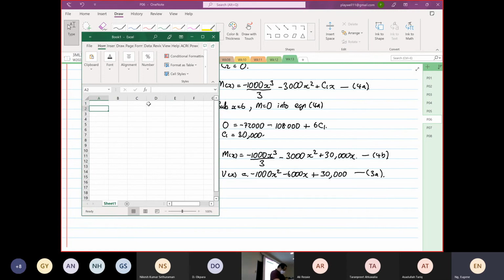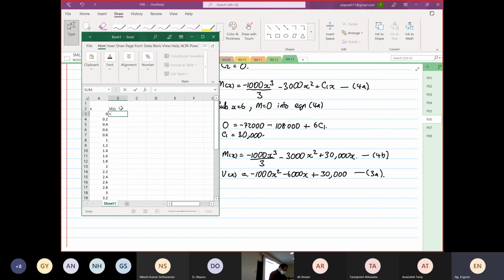So we have x, starting from 0 in steps of 0.2. We are going to plot until 6 meters. Have we reached 6 meters? We have reached 6 meters. Good. Then we are going to sketch our V as a function of x.